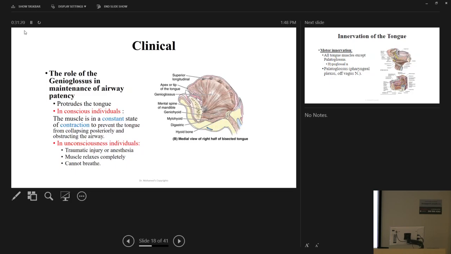They put in an airway to keep the airway patent. Because otherwise, if they anesthetize him without keeping the airway open, then his tongue, the genioglossus, is going to collapse, and then the tongue is going to fall back and obstruct the airway, right?